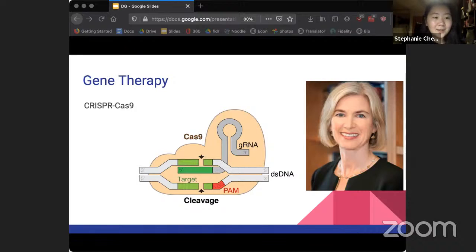Basically, CRISPR is a bacterial defense mechanism used to target and edit DNA in specific locations. It's typically used for gene therapy and is currently being used to correct mutations that cause diseases. So it's pretty major in the field of medicine and biotechnology.